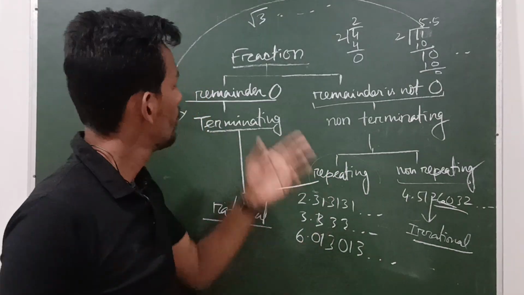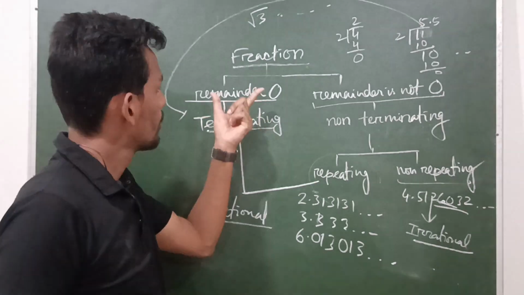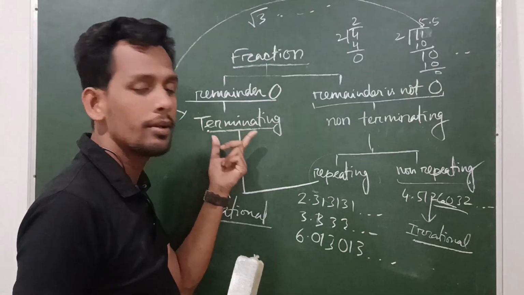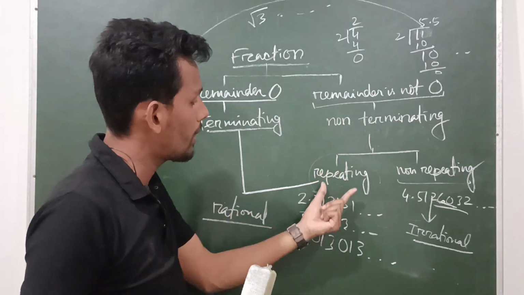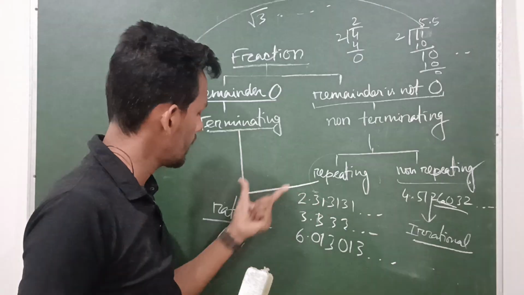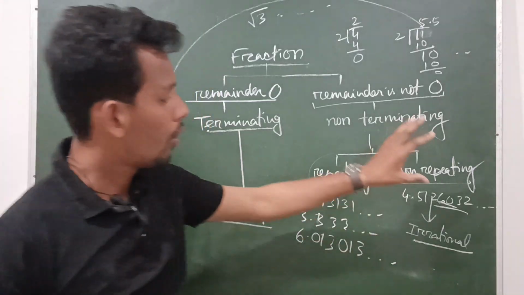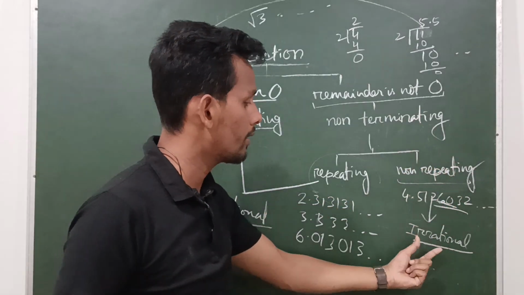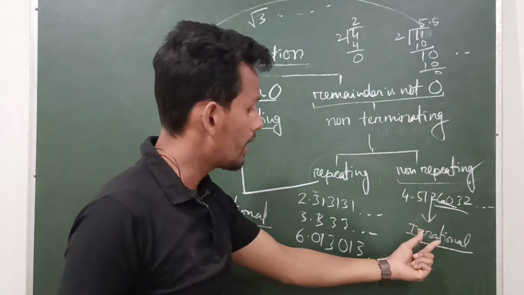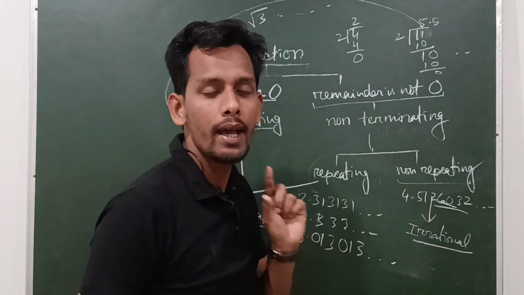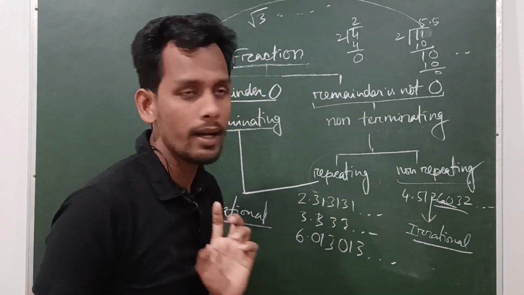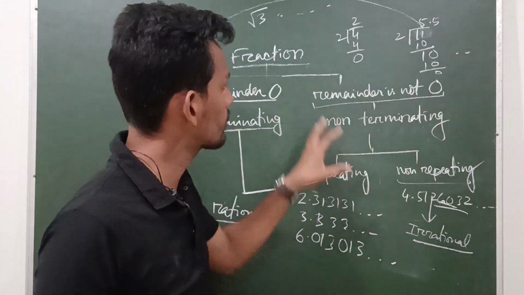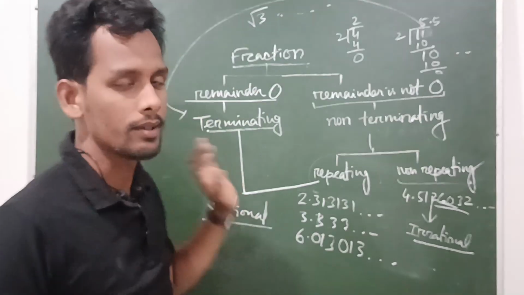Okay, so basically the decimal numbers which have remainder 0, terminating, or remainder not 0 but repeating, non-terminating repeating, are called rational. And only those numbers which are non-terminating and also non-repeating are called irrational numbers. They are basically the square roots of numbers other than the perfect squares. Clear? So this is the concept of rational and irrational numbers based on decimal numbers or fractions. Okay.